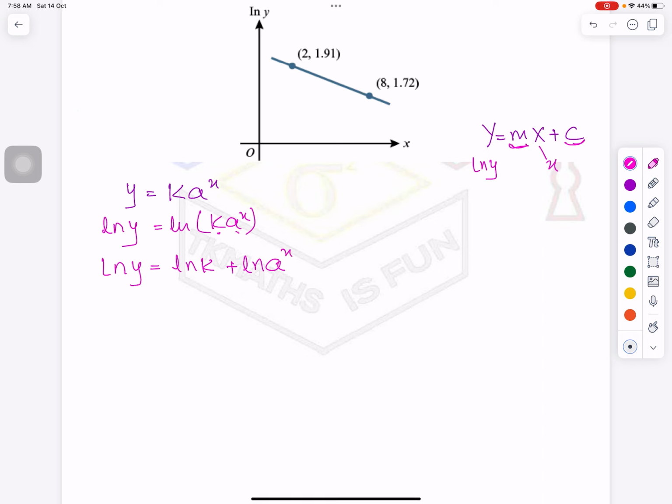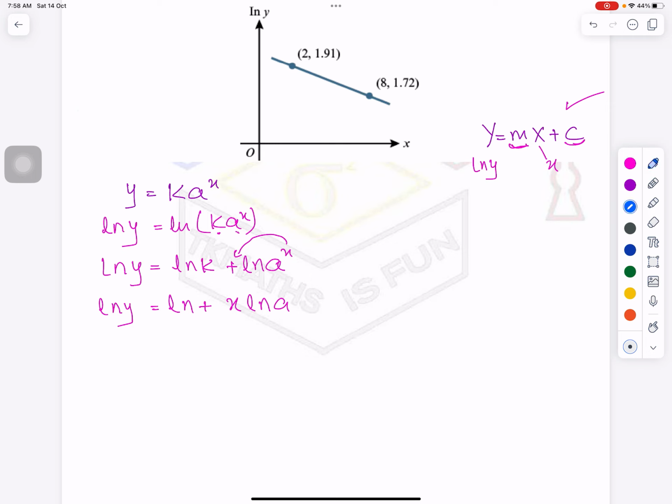After that, which rule will I apply? If I have to bring the equation into linear form, I will apply the power law here. x will come as a multiplier, right? So it will become x ln a. Now, do you think it is perfectly okay in the linear form? Let's see, is it or not?